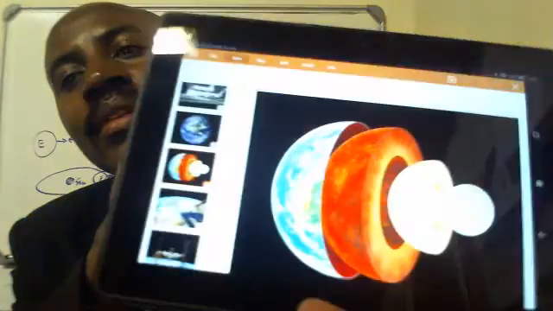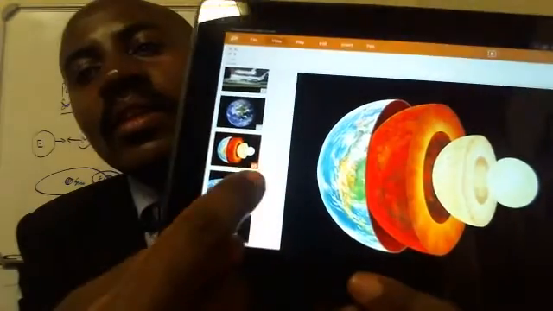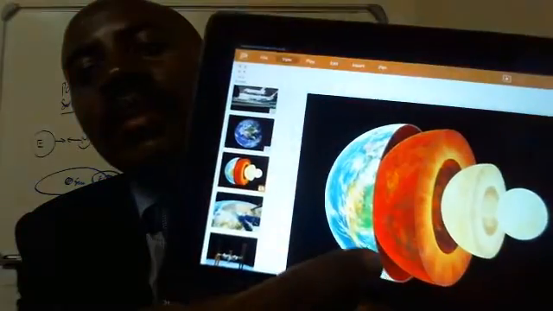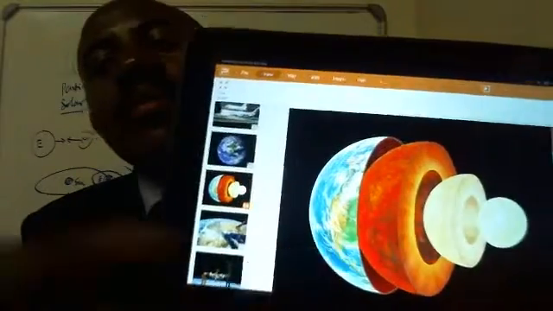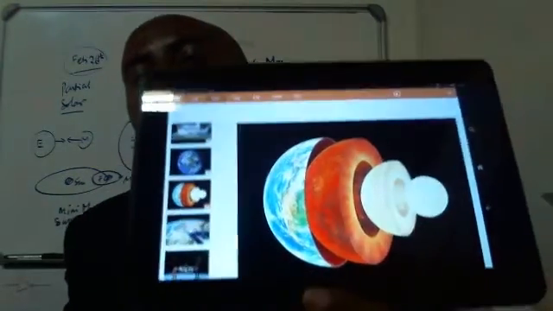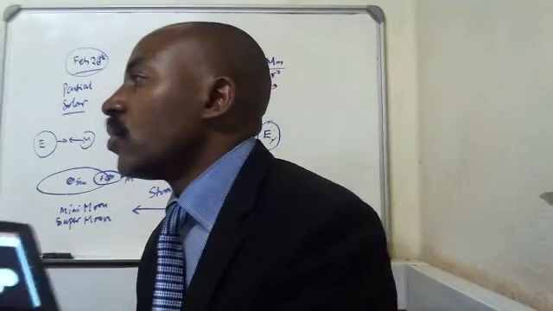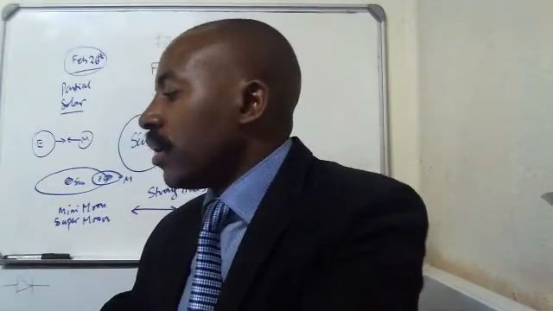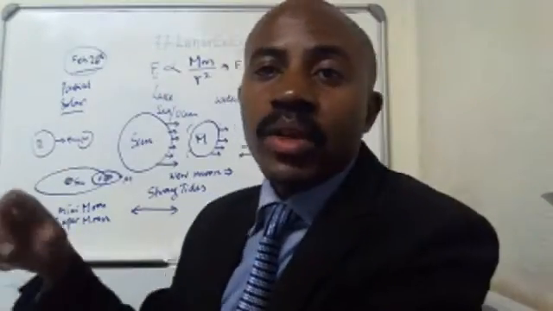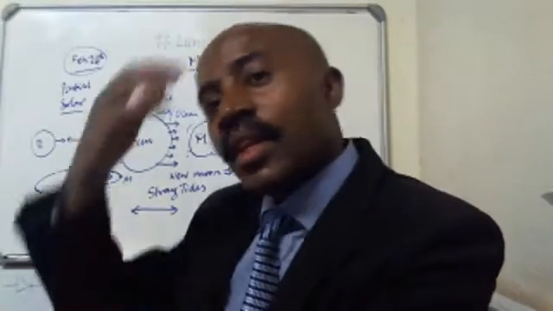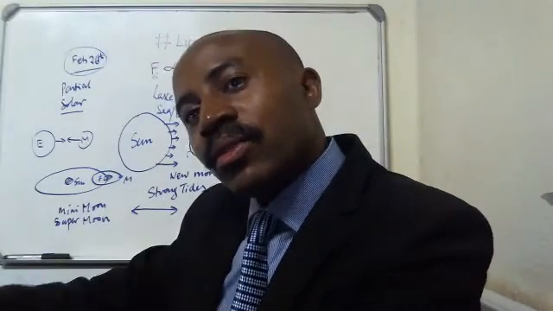This part, the red one, is the magma, which is just underneath. It is always there, boiling underneath our Earth crust, below the soil and the like.